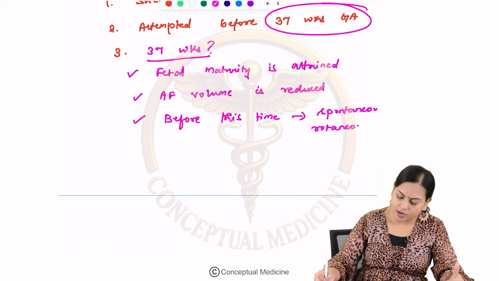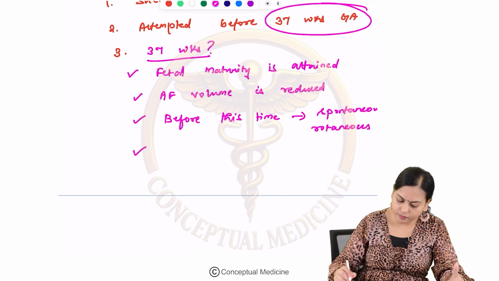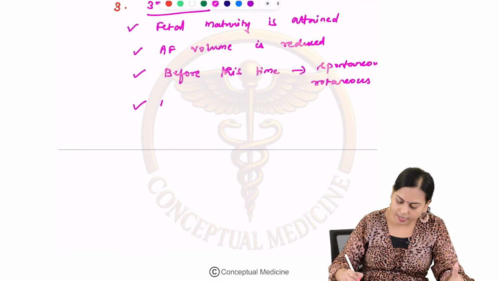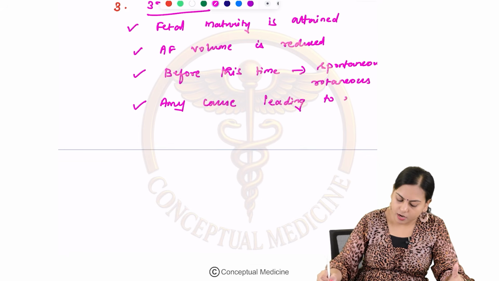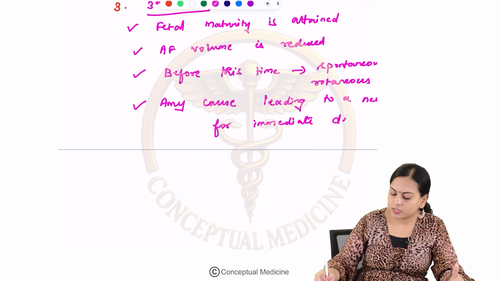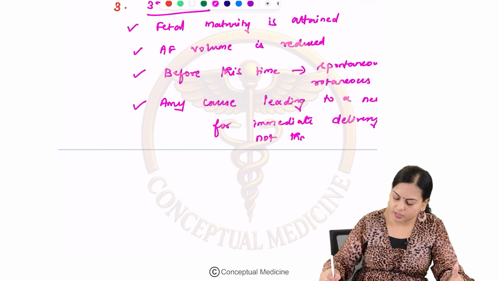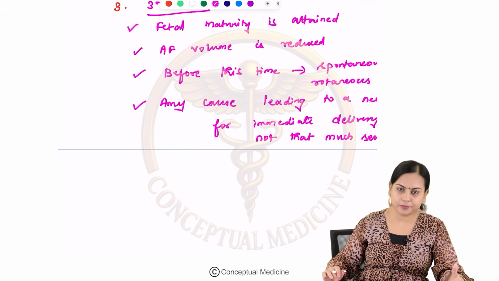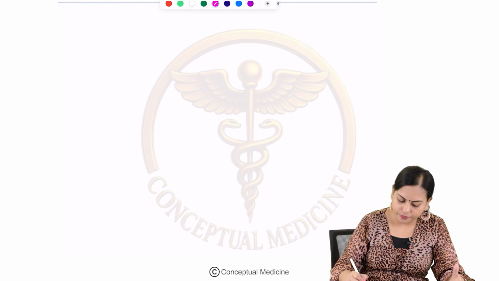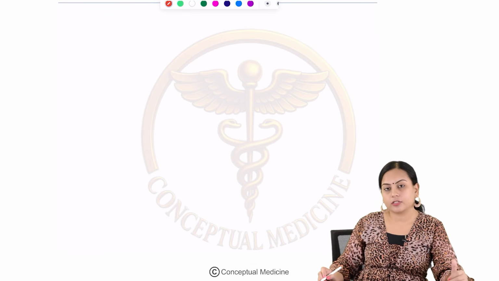Yes, and any cause that leads to a need for immediate delivery is not going to be that severe either. Okay, not that severe. Clear? Yes.